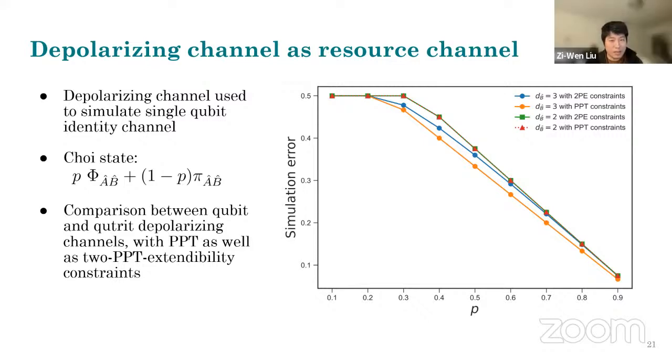I see. I guess it's related to whether it is really worthwhile going to KPPT extendability, since 2PPT extendability gives us a slight advantage over PPT. We're not sure. Just extending this method to 3PPT extendability is not easily achievable, because we don't have a systematic framework that could do this.